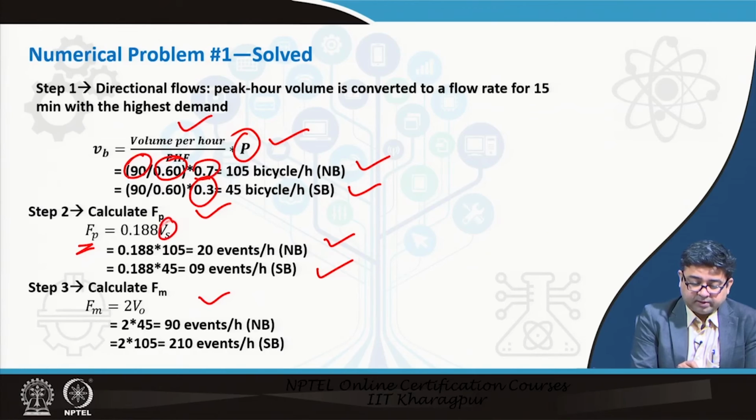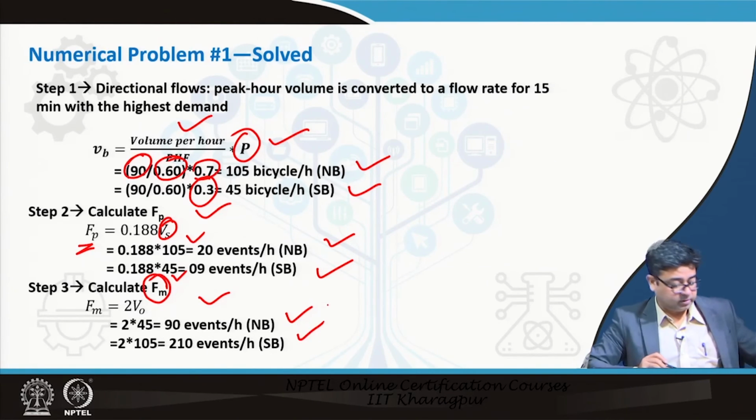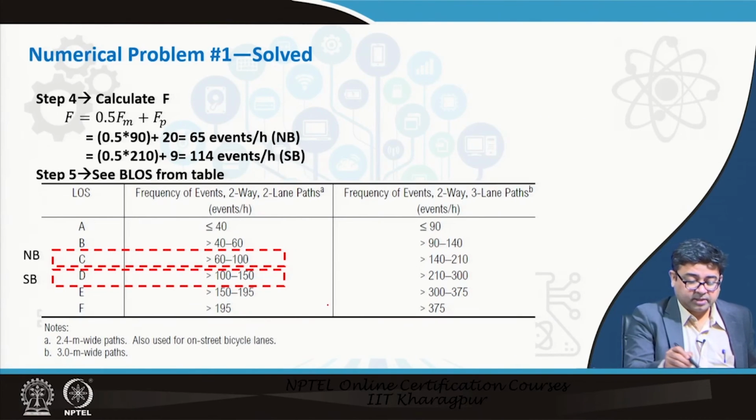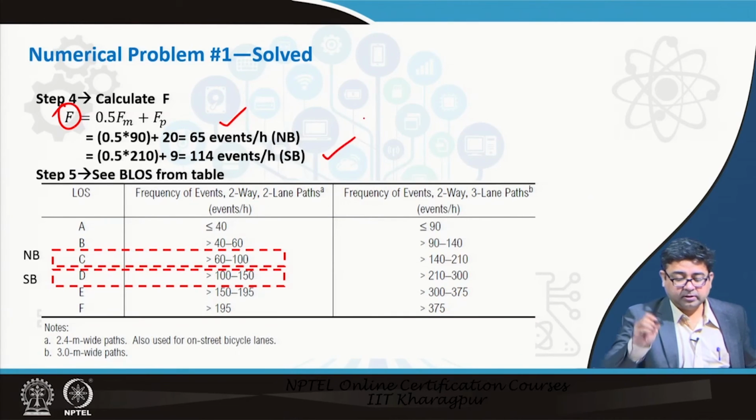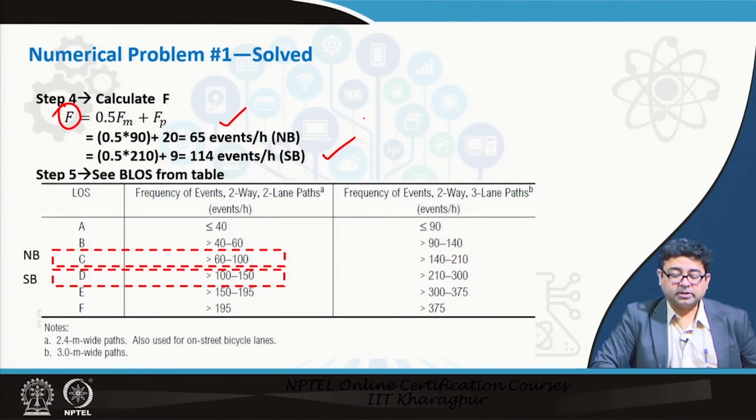So, when you are using the VS, you are using the 105 for northbound and 45 for southbound. Similarly, FM you can calculate for northbound and southbound, and then you can sum it up to measure the total events, which are 65 events per hour in the northbound and 114 events per hour in the southbound.